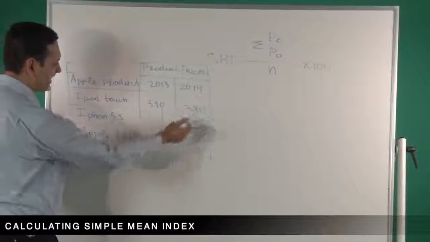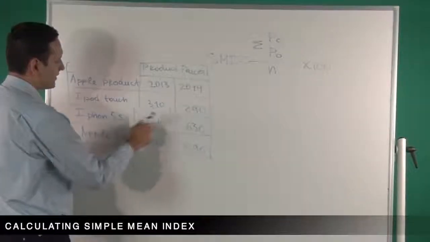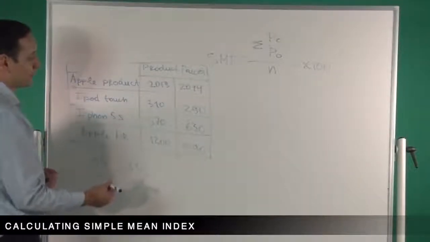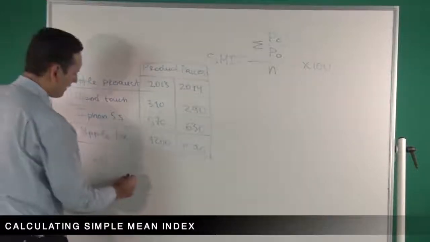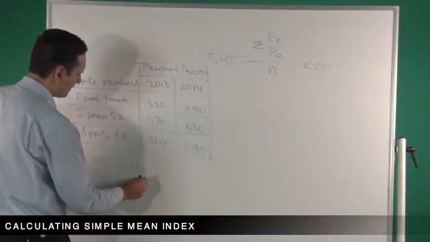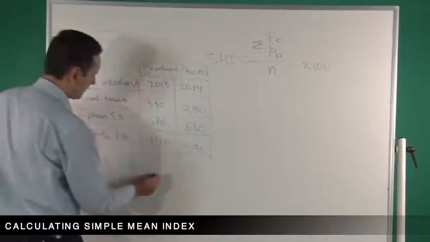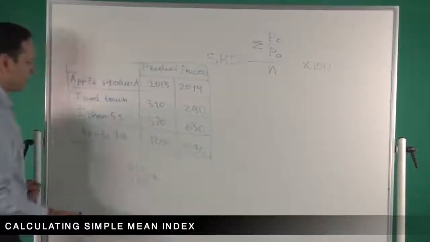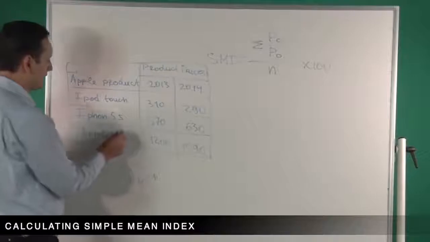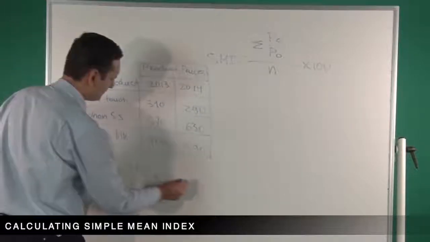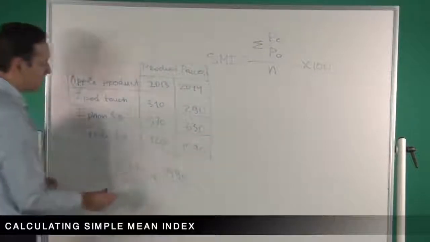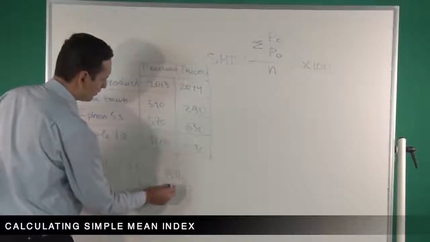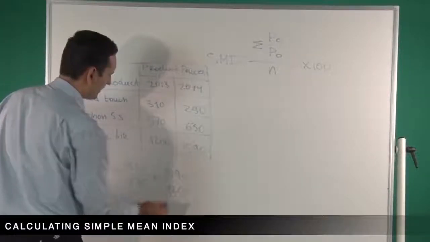So it has actually increased from 570 to 630. So 630 divided by 570, plus, now we consider Apple Air, 1,590 divided by 1,200.